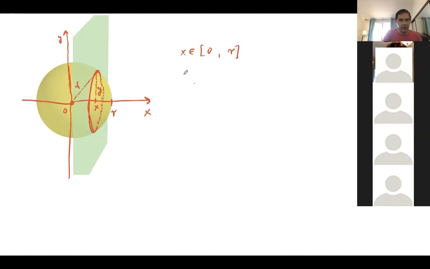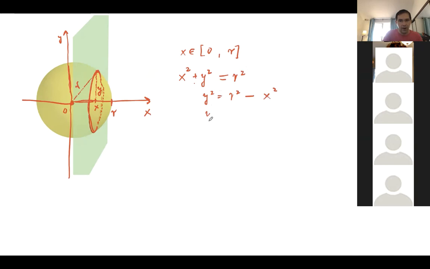Okay, so we know that x squared plus y squared. So x squared is this, y squared is this, and that's equal to the radius squared. In other words, y squared is equal to the radius squared minus x squared.